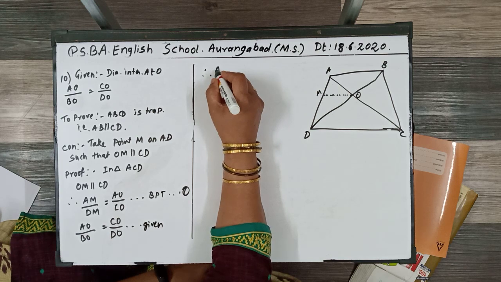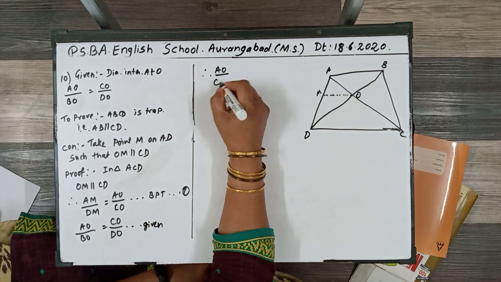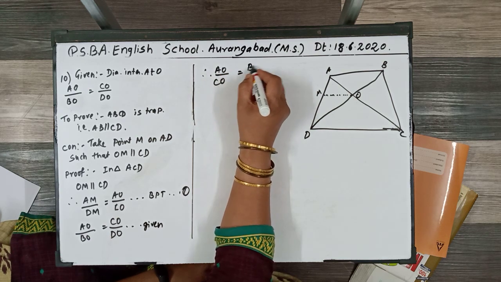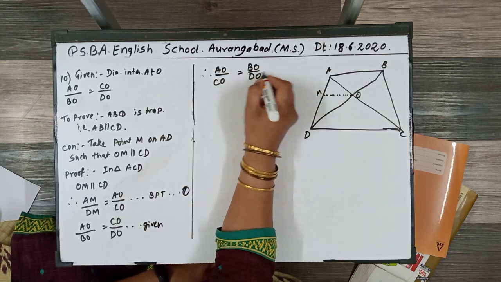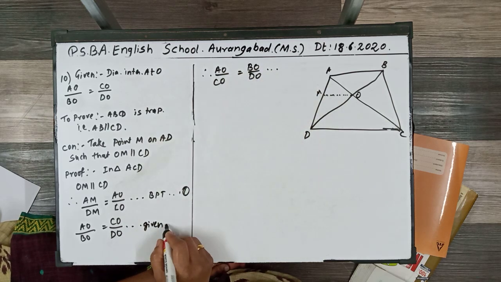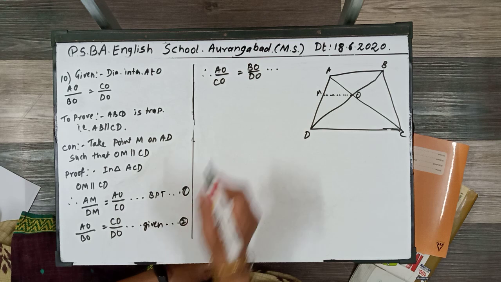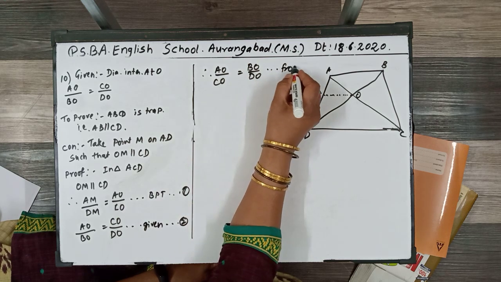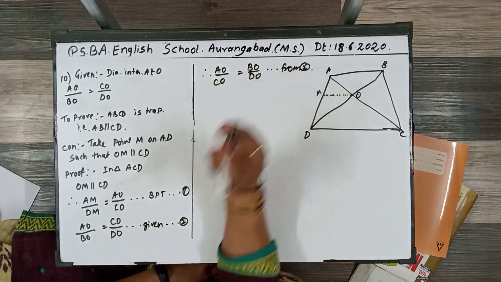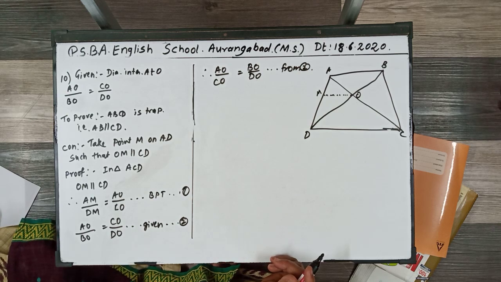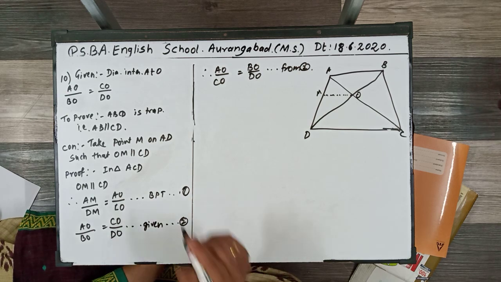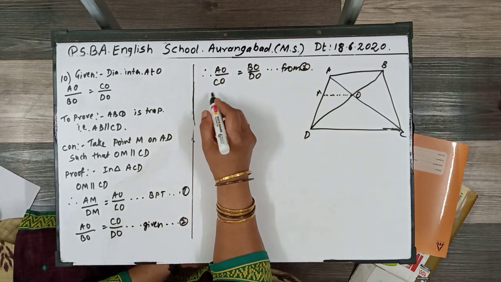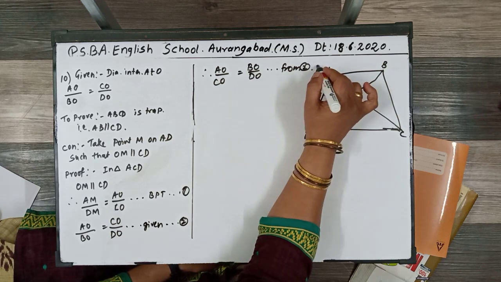Therefore, AO upon CO is equal to BO upon DO. This is statement number 2, from 2. If you don't remember, open the last page of your classwork. Correct? So, therefore, this is statement number 3.